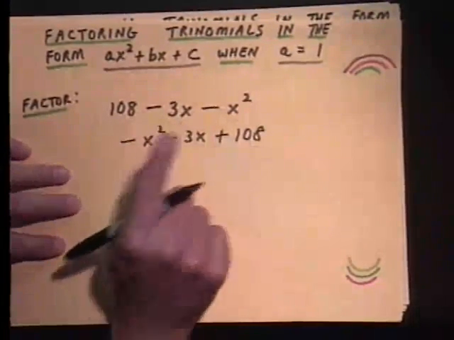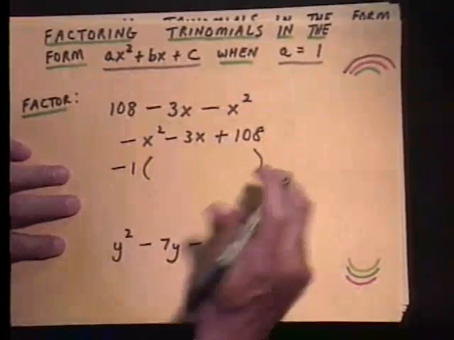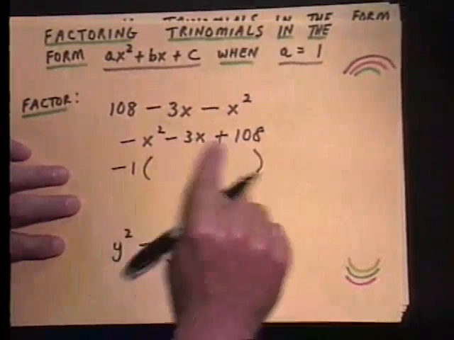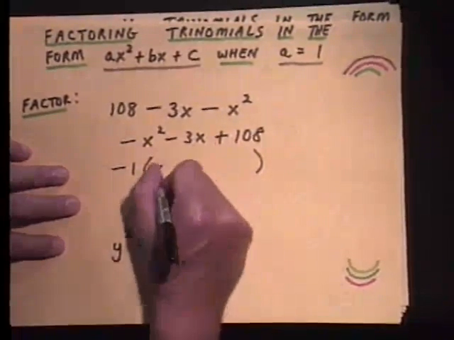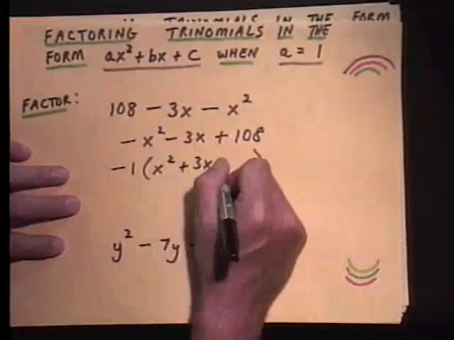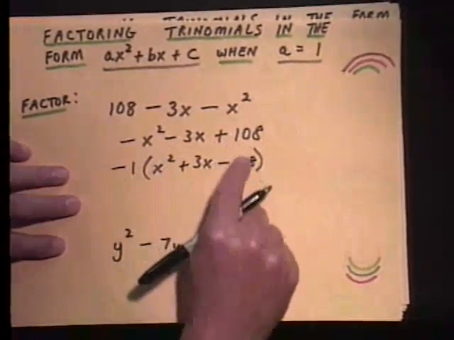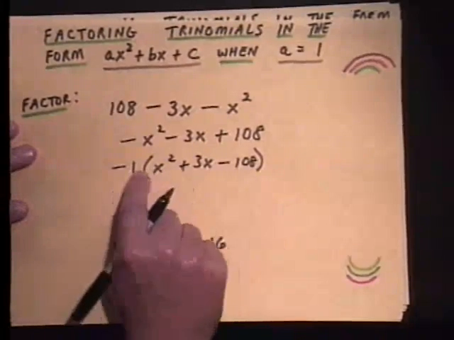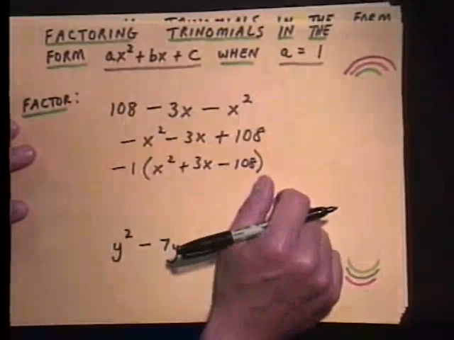Don't go there. But what we can do is factor a negative 1 out of this trinomial and divide each term by negative 1. And what that does is change all the signs, so it changes the negatives into positives and the positive into negative. And if I multiply the negative 1 back through, I have not violated any rules.